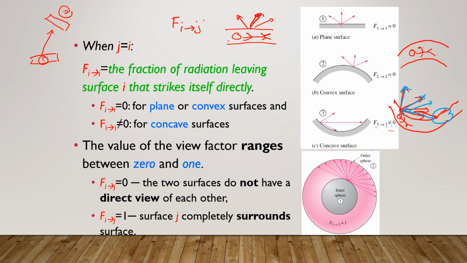F1 to 1 will be equal to 1 when the outer surface completely surrounds the surface. So for example here, this is the inner sphere and that is the outer sphere. It completely surrounds the inner sphere. So let's say you are here waving, which means in this mirror you will see the whole of your body.